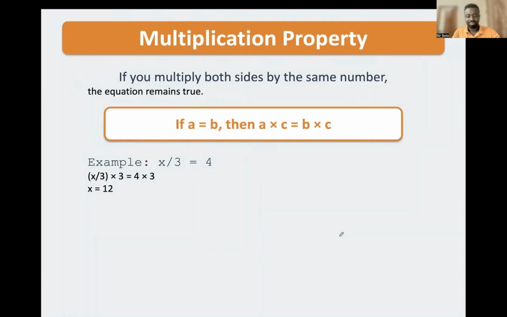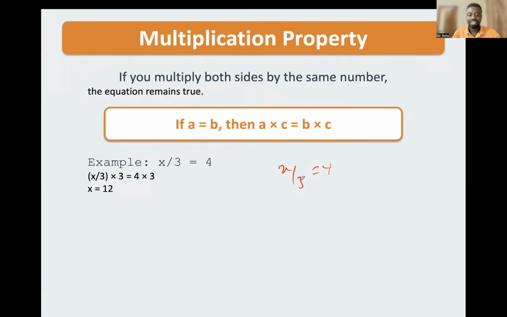If we have an example, x over 3 is equal to 4. We want to eliminate the 3, we want x to stand alone.